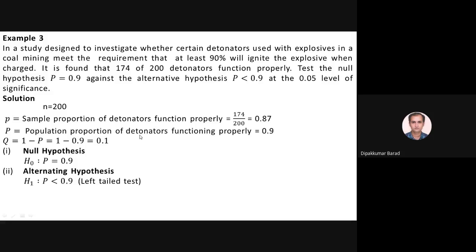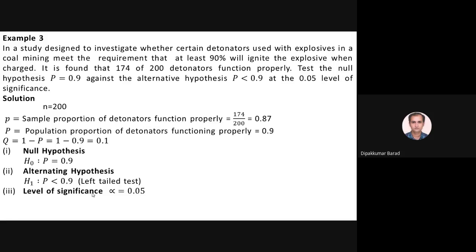The alternative hypothesis is always complementary to the null hypothesis. So if we get p less than 0.9, then we can say that the null hypothesis is not satisfied. Whenever the null hypothesis is rejected, it means the alternative hypothesis is accepted. So here our alternative hypothesis is p less than 0.9.